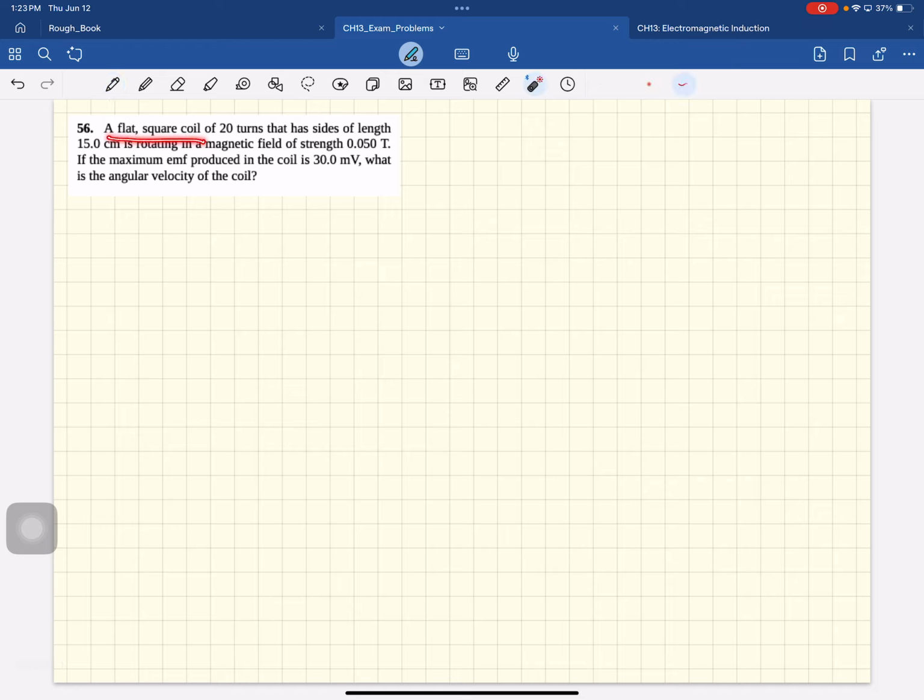A flat square coil of 20 turns that has a side of length 15 centimeters is rotating in a magnetic field of strength 0.05 Tesla. This is the kind of field that is generated in a generator.